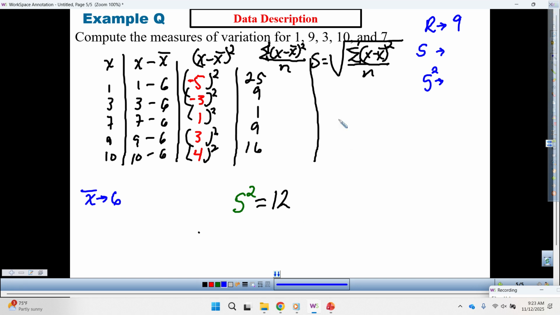So we take s squared, which is 12, take the square root of both sides. So our standard deviation is approximately square root of 12. 3 point what? 46.